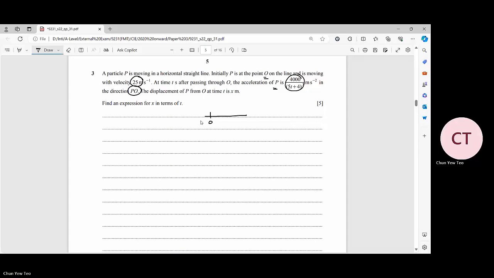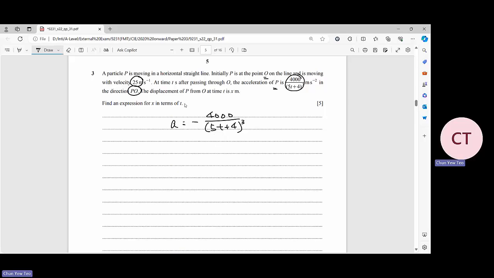So you are going this way, direction of PO. That means it's a negative direction. So you can start from a equal to negative 4000 divided by (5t plus 4) cubed.